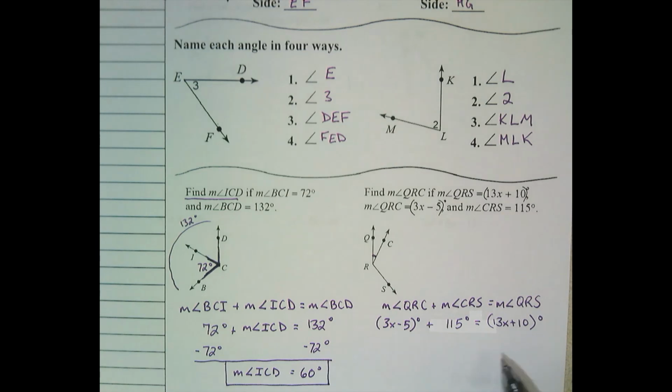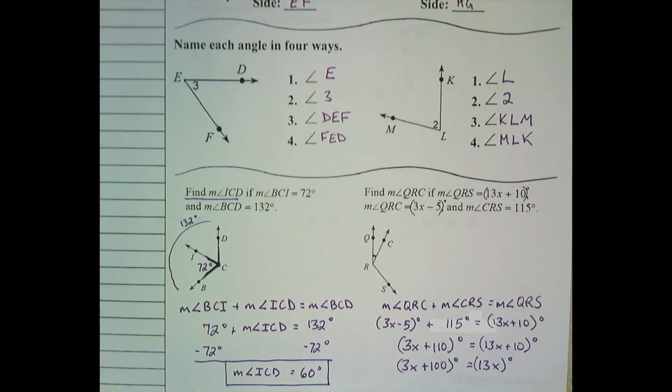So combining like terms, on the left-hand side we get 3x plus 110 degrees equals 13x plus 10 degrees. If we subtract 10 from both sides, we get 3x plus 100 degrees equals 13x degrees.